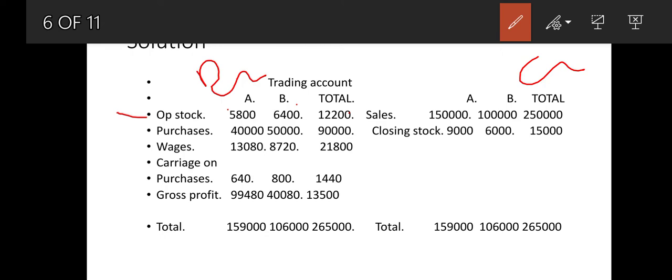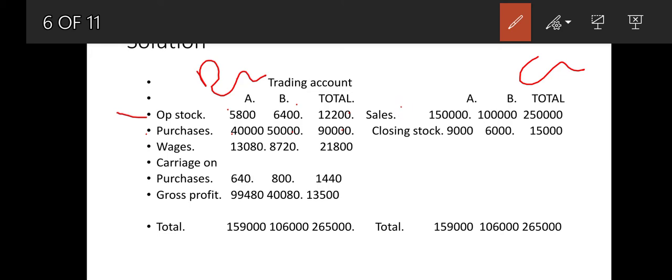Next is purchases, already available in the question. We just take the purchases and write them on the debit side of the trading account: 40,000 for department A, 50,000 for department B, as a whole 90,000.